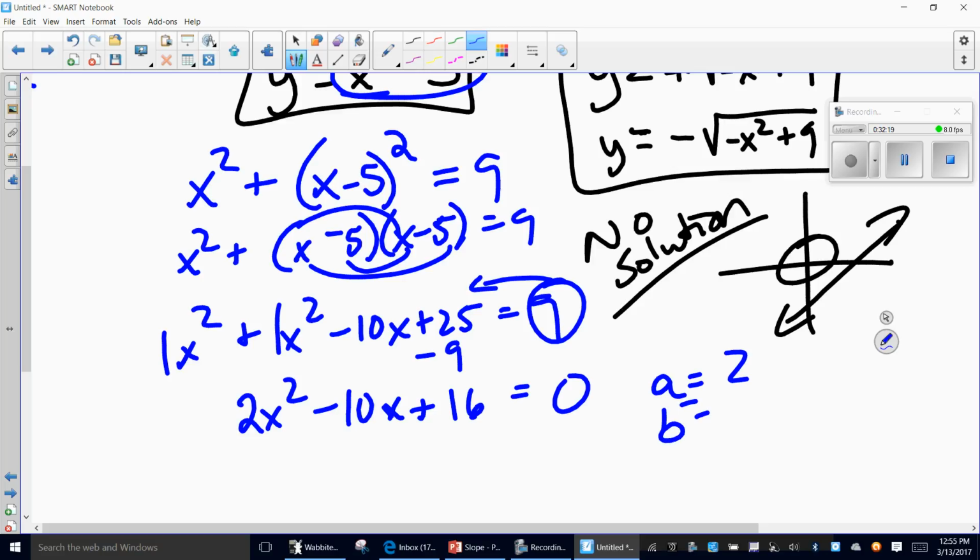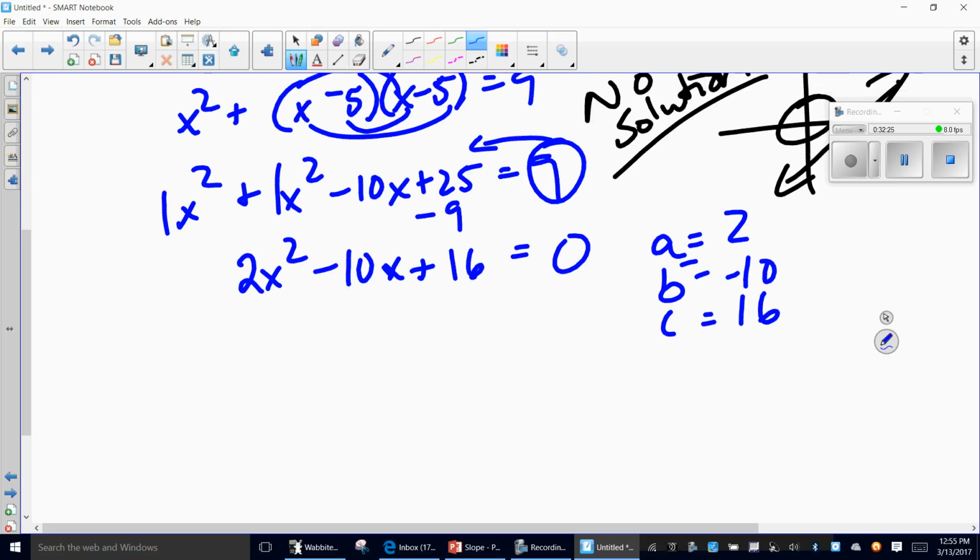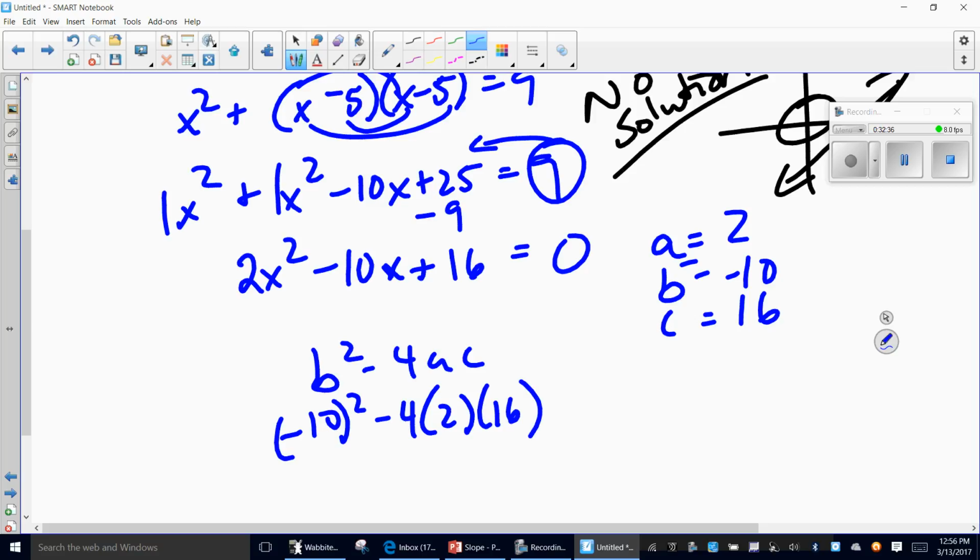What's B? Negative 10. What's C? 16. So if I do my b squared minus 4ac, that's going to be negative 10 squared minus 4 times 2 times 16. And what do you get under the radical?